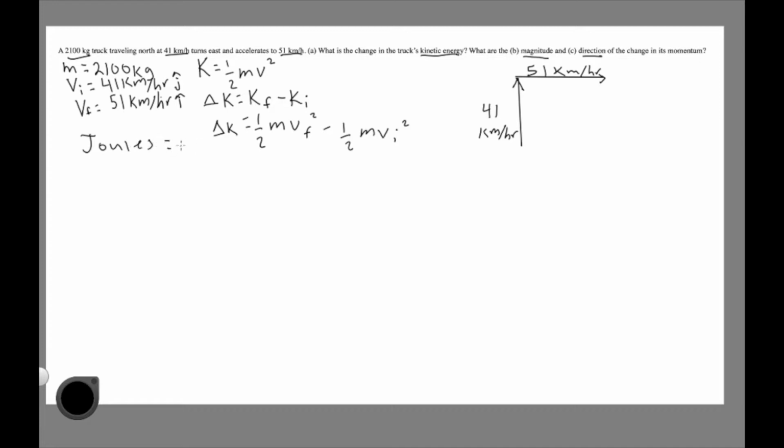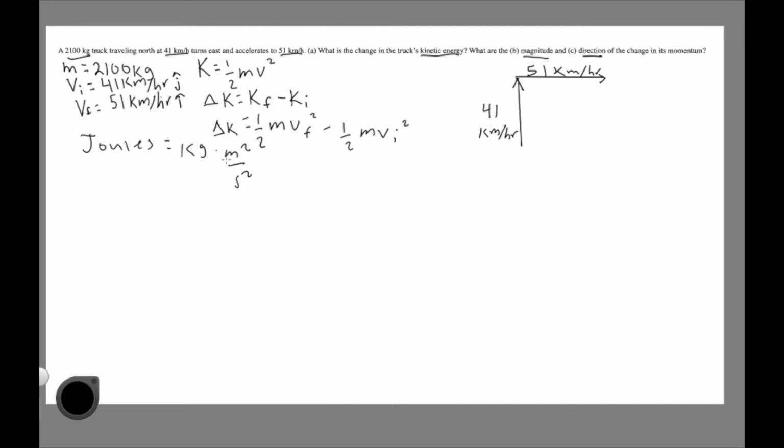And joules is equal to kilograms meters squared per second squared. This is important because we have to have the same units for kinetic energy.